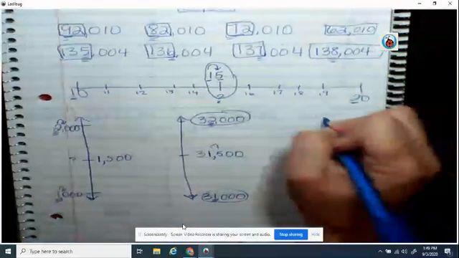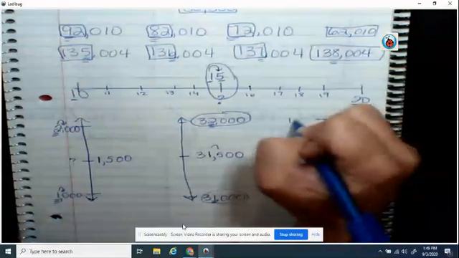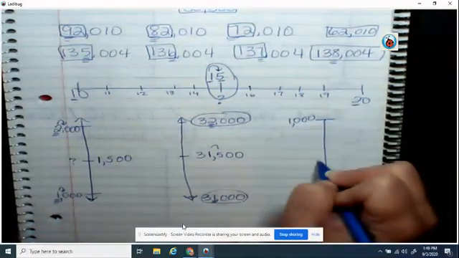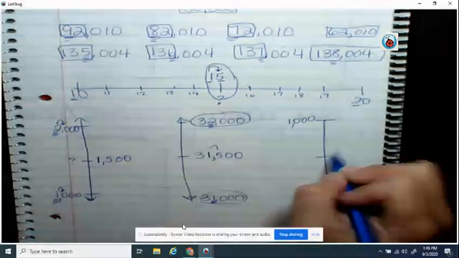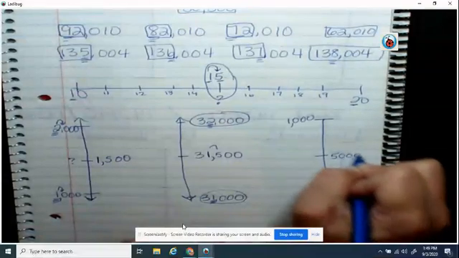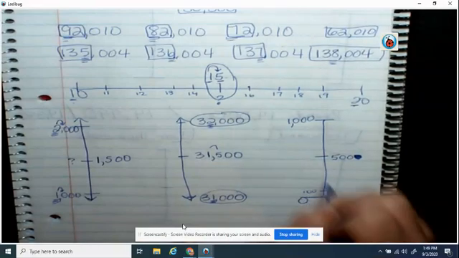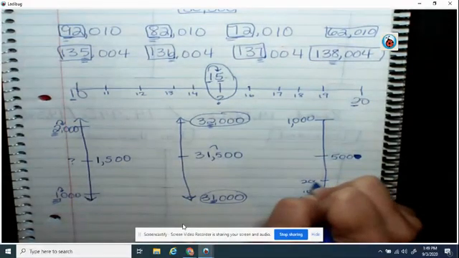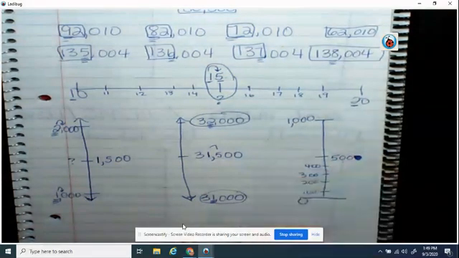Let's do one more. Let's do between 0 and 1,000. Well, right in the middle of 0 and 1,000 is going to be 500. Oops, not 5,000, Miss Collins. 500, 500. So if I have 100, 200, 300, 400, okay?